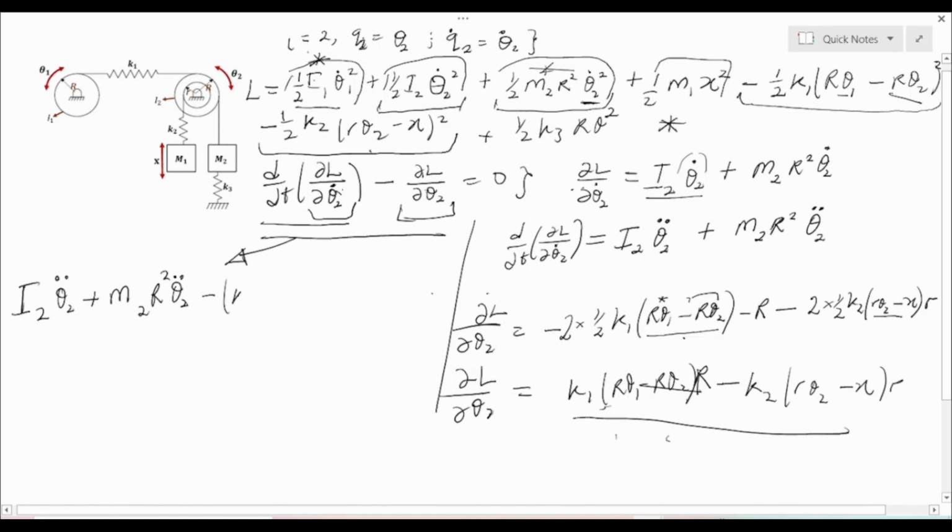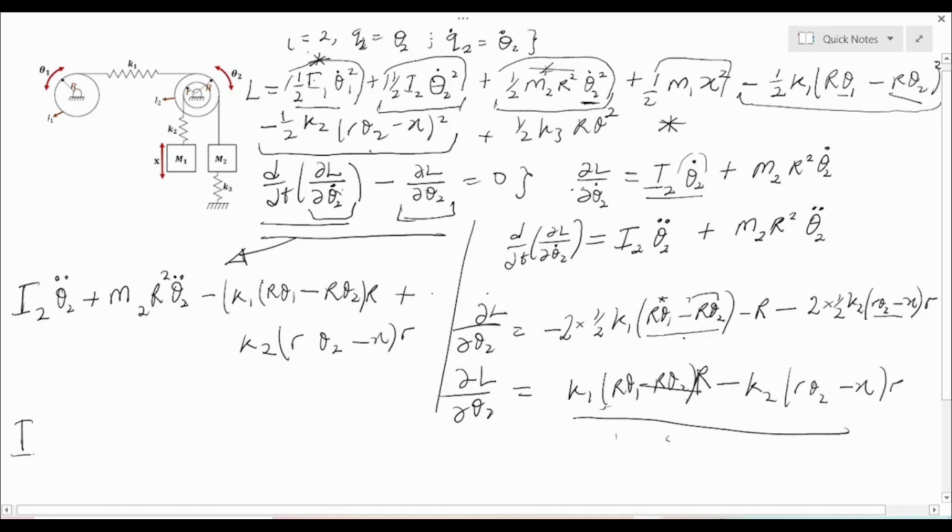So we have minus k1 into brackets r theta 1 minus r theta 2, multiplying r, and the minus will multiply the minus for the other side, and this becomes plus k2 r theta 2 minus x, multiply r, and this can be simplified further.